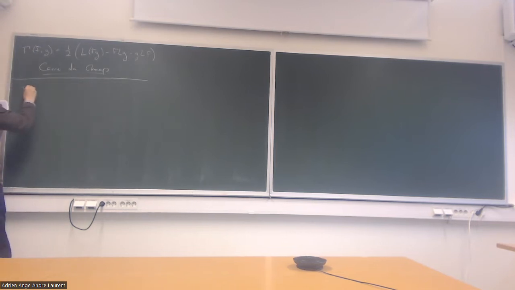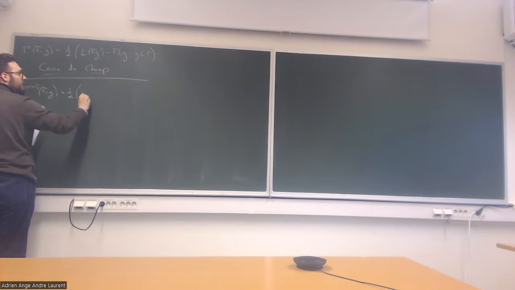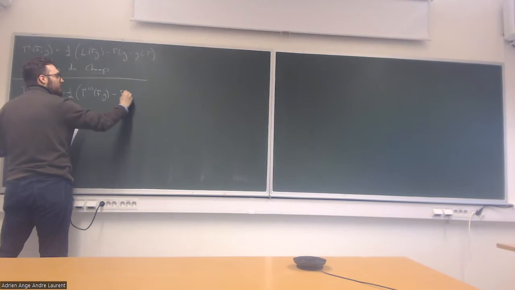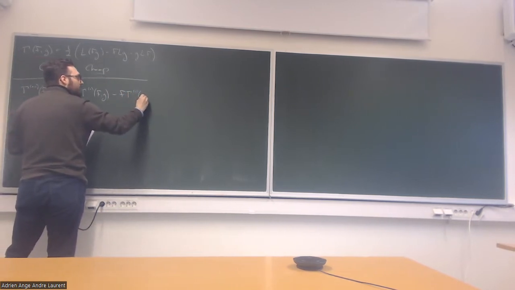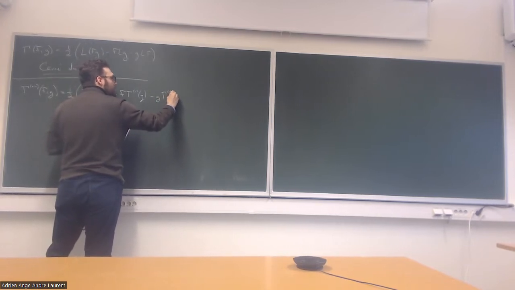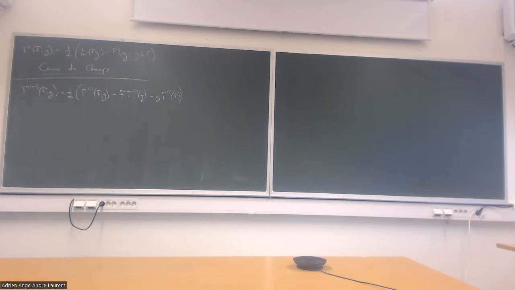So you can define something like gamma n plus 1 of F, G. It should just be this. We should double check this, maybe don't trust it, but you can iterate these, and in some sense, this tries to capture even higher order information.